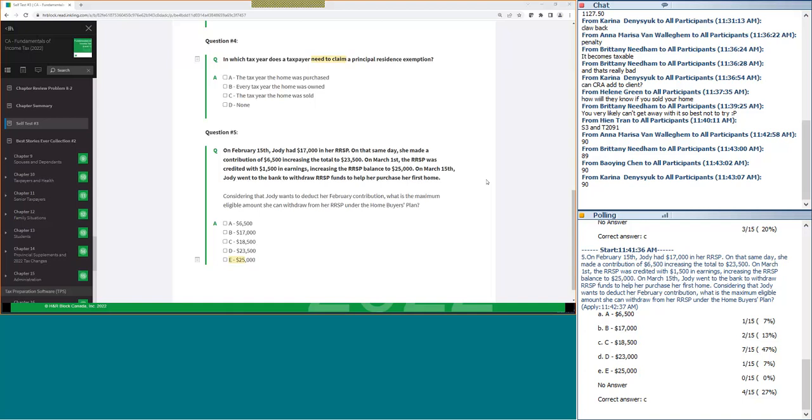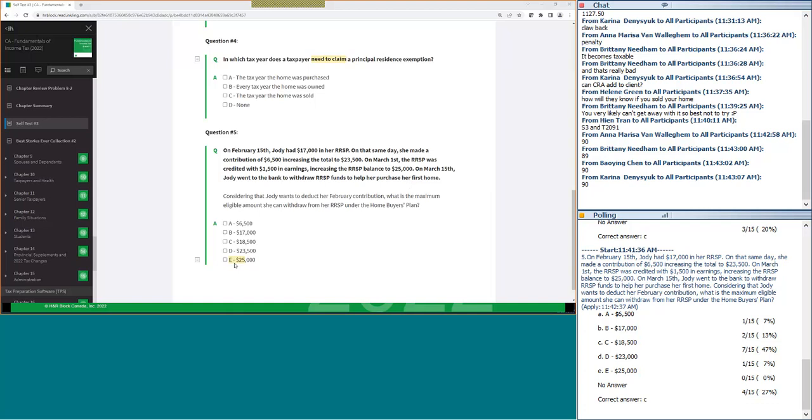Add all of that together, we get 25,000 because that's the balance. And then we're going to subtract what she put in that's not eligible. And the portion that's not eligible is the recent deduction, which is 6,500. So we're going to take 25,000, subtract 6,500, and you should get 18,500, and that's how you determine.